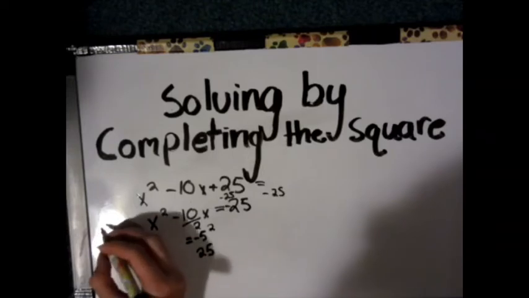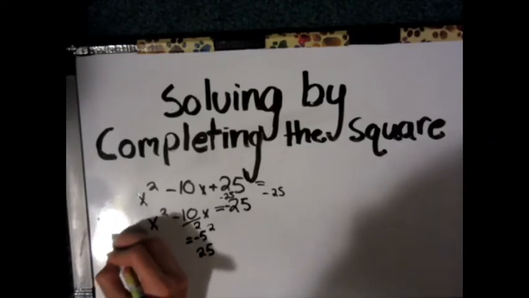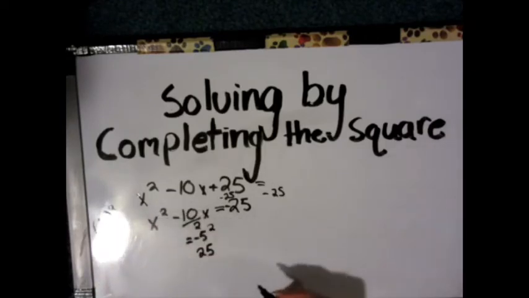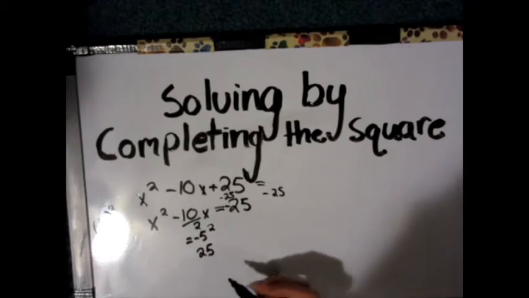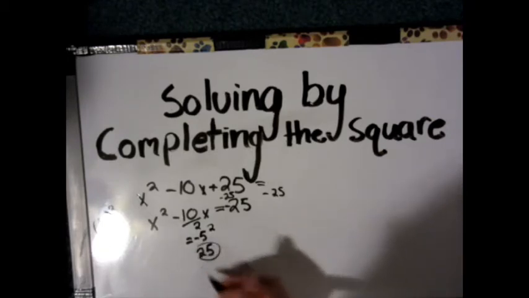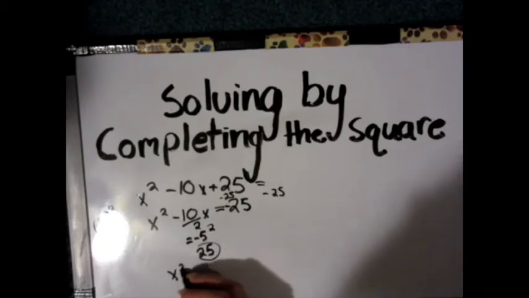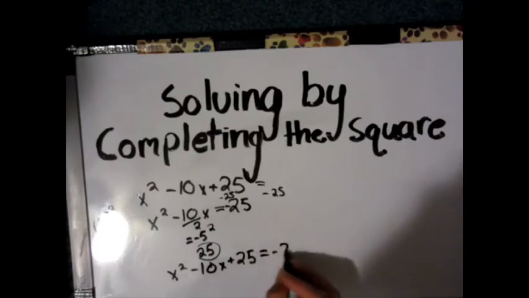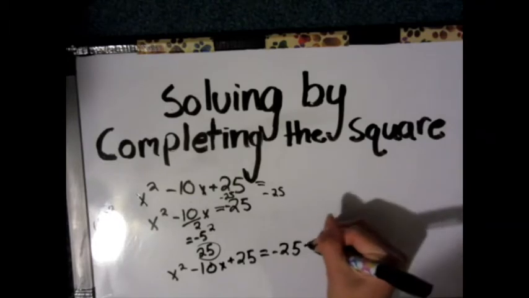And then I'll write that over here, just so it's easier to remember. Okay, so now that you have this number here, you are going to want to put it on both sides, so that on this side you have your perfect square, and on the other side it's balancing out the equation, because you always want to do the same thing to both sides.